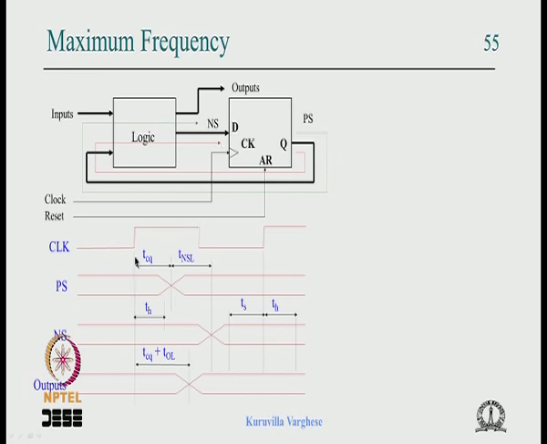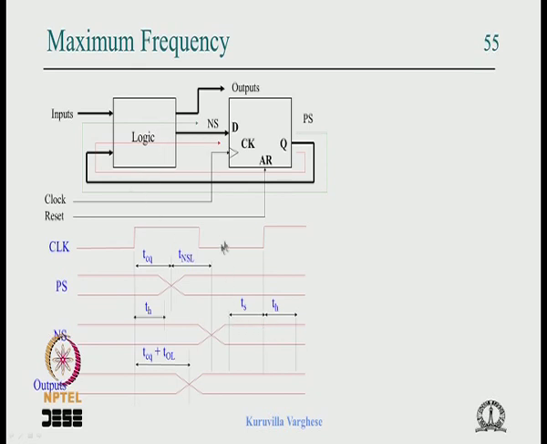So that is what is shown here. When the clock comes, this present state changes after a TCQ time, because from D to Q it takes so much time to change, then it propagates through the next state logic. So at this point the data comes here. But before the next clock edge comes, for the proper operation of the flip flop, this has to be set up before the next edge. The data has to be there some time before, called setup time.